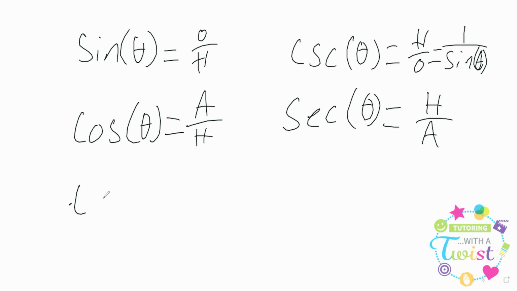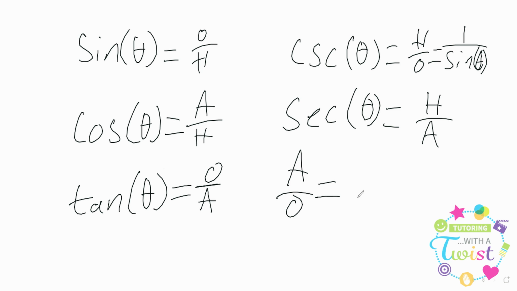And then to complete the pattern, tangent of theta equals opposite over adjacent, whereas adjacent over opposite equals the cotangent of theta. Again, just 1 over the tangent. So there's nothing too terribly surprising here.